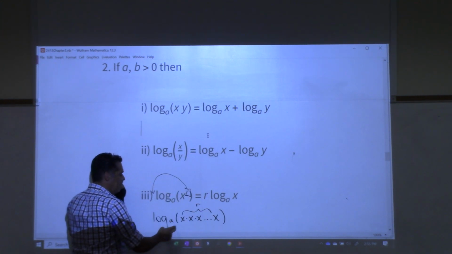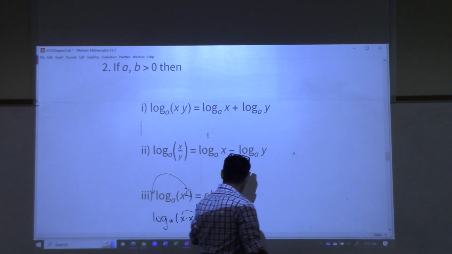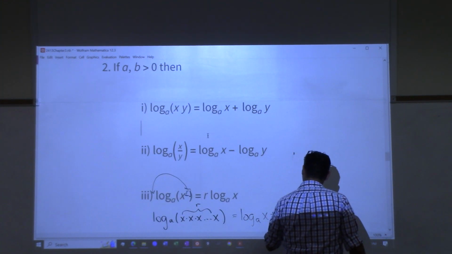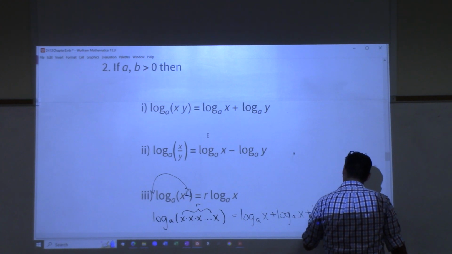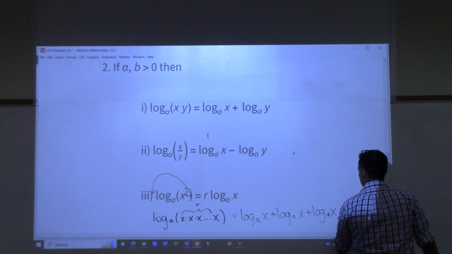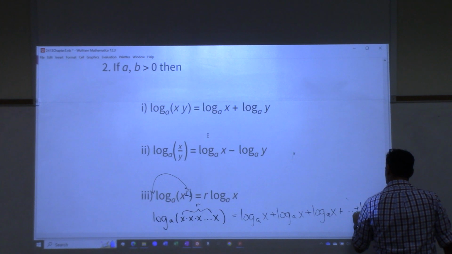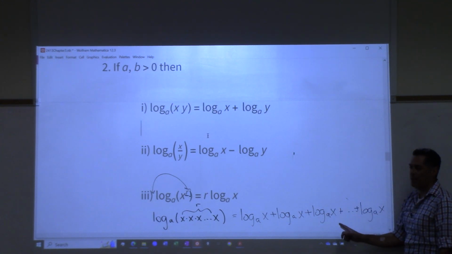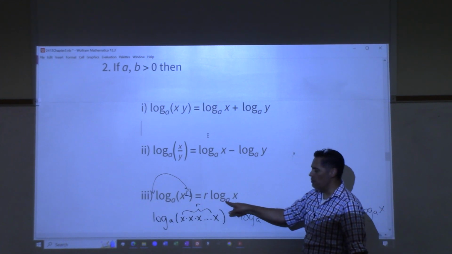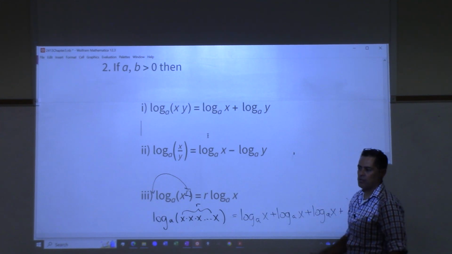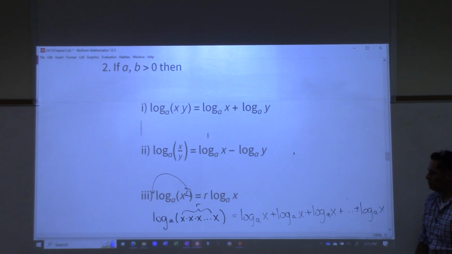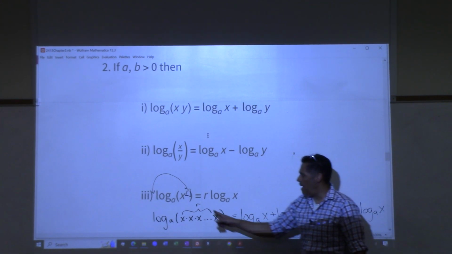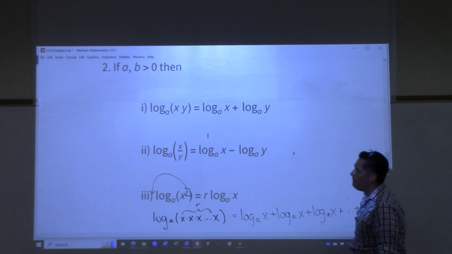So this will be log base a of x plus log base a of x plus log base a of x. And then how many of them will I have? Whatever r is, right? If I have r of those added together, then I have r of those logs. If I have 10 apples together, that's 10 apples. So really, this power in here just comes out.